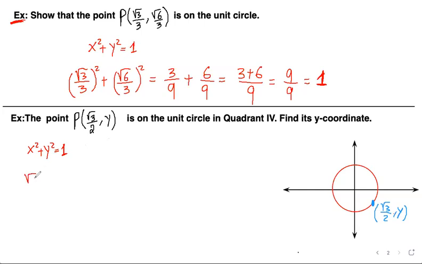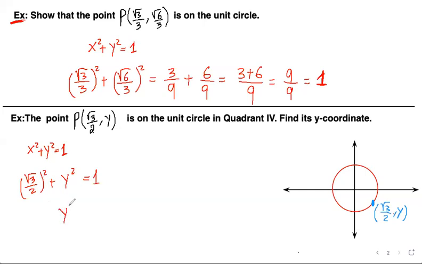So when he plugged this point inside the equation, it is the square root of 3 over 2, everything squared, plus y squared, because I need to find this y, equals 1. And he solved this equation by subtracting this element from both sides.